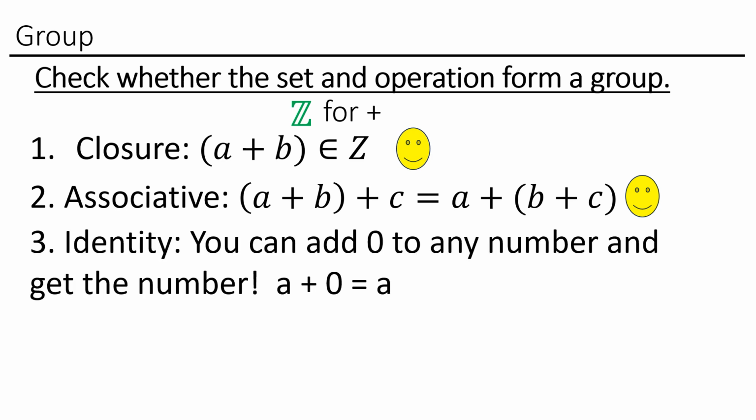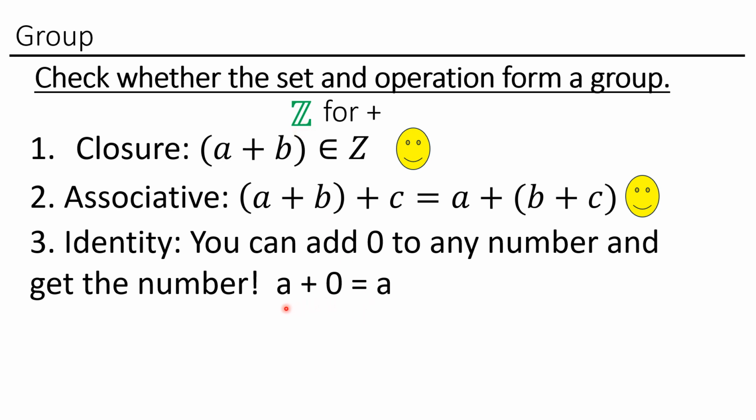Now, identity. Basically they want to know, is there a number that you can find that is an integer? It has to be a number that's in the integers that you can add to any number to get that number back. So in other words, we have the number 0, and 0 is one of the integers.